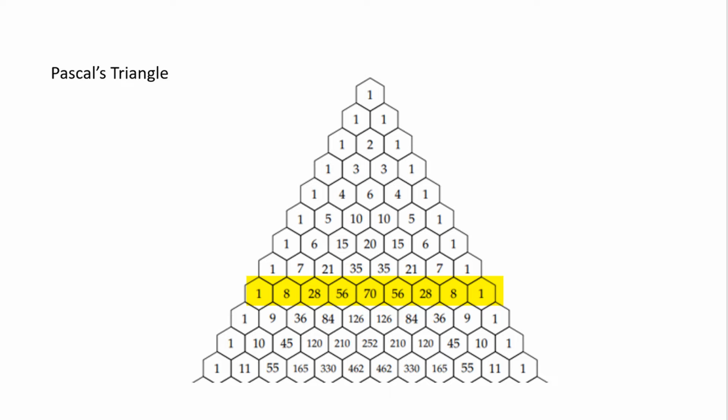Continuing, the number to the right of 8 is 28. The binomial expansion, as represented by Pascal's triangle, tells us that there are 28 ways to have 6 ones and 2 zeros. Let me repeat that again. There are 28 ways to have 6 ones and 2 zeros.